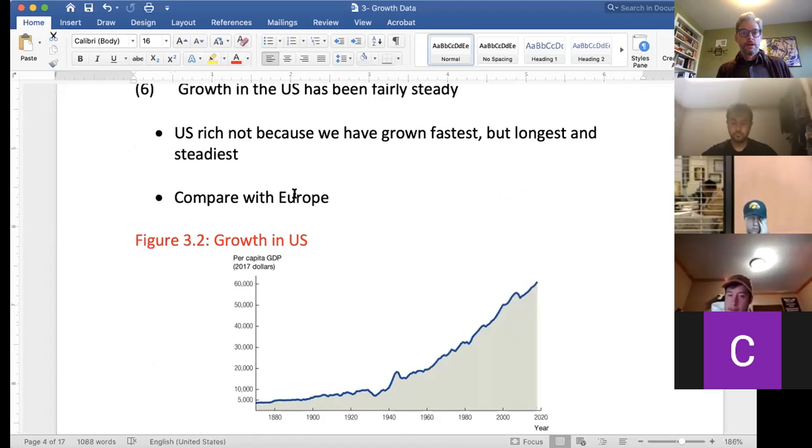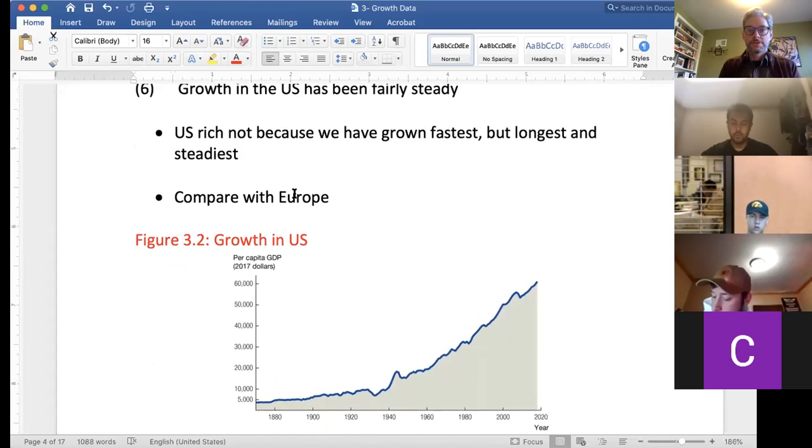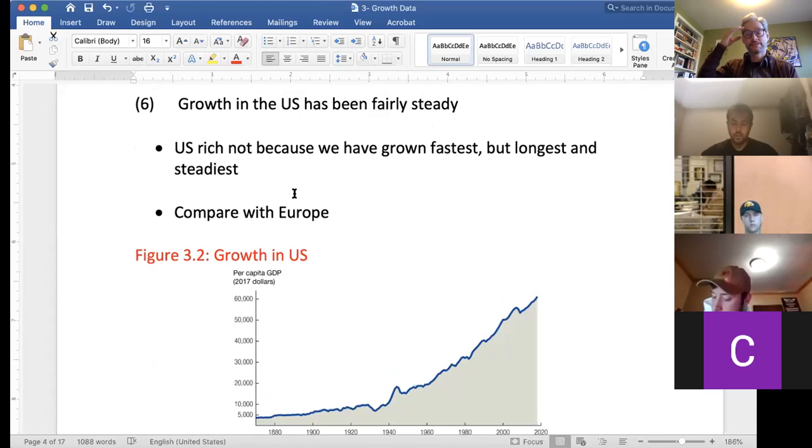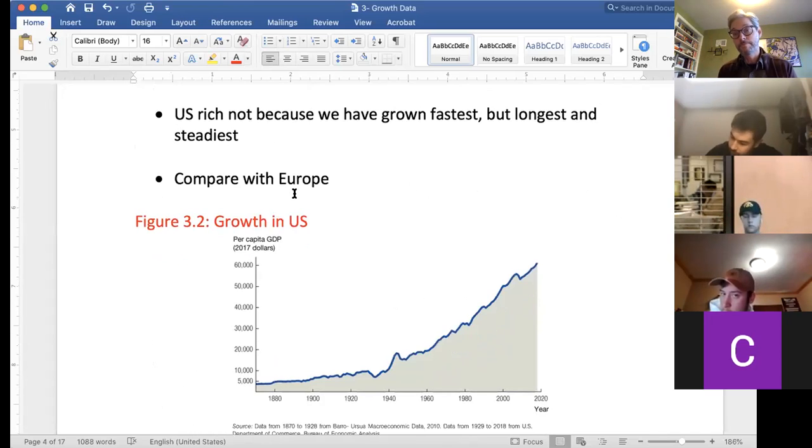fact. Growth in the US has been pretty steady, all right? So I said yesterday, one of the things that makes the US one of the richer areas of the world is not always that we've grown the fastest, but we've actually grown the longest and the steadiest. We began growth relatively early in the 1700s, and for the most part, we've continued that, in part because other than the Civil War, we've never really fought a major war on US soil.